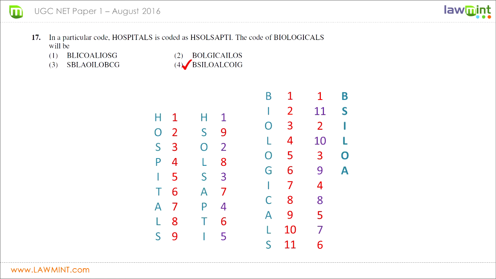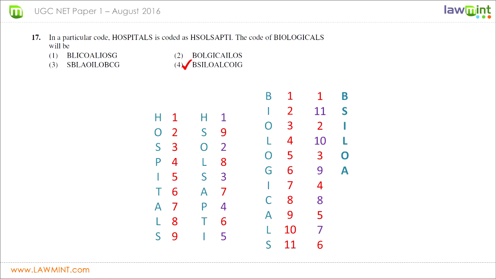In question number 17, we are told that when a particular code is applied to the word hospitals, it becomes transformed into the set of alphabets which is given right next to it. And we are asked to apply the same code to the word biologicals to see what it gets transformed into. So if we write down the word hospitals in a vertical manner and give a number for each of the alphabets, we see that it has been converted into the set of alphabets given right next to it by writing down the alphabets in a specific order.